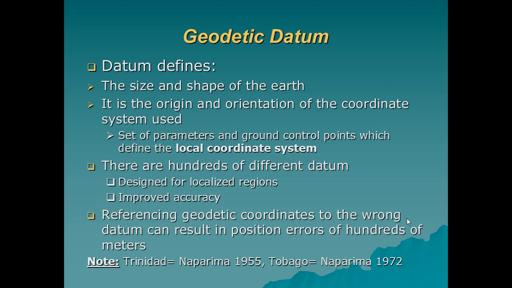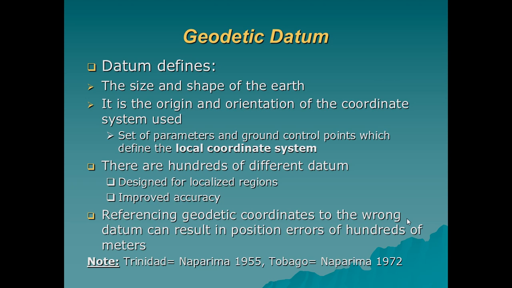Okay, so very briefly, earlier we talked about datum. I want to talk a little bit more about datum, or specifically geodetic datum. As mentioned before, the datum defines the size and the shape of the Earth. That's the origin, the point of origin. So it is the origin and orientation of the coordinate system used, in other words, a set of mathematical parameters and ground control points that will define a local coordinate system.